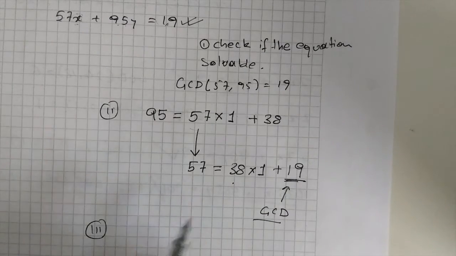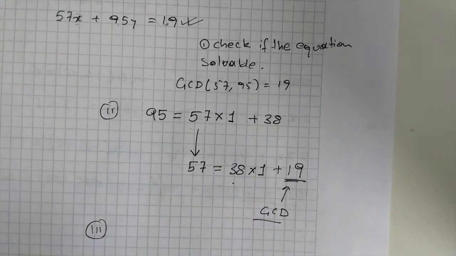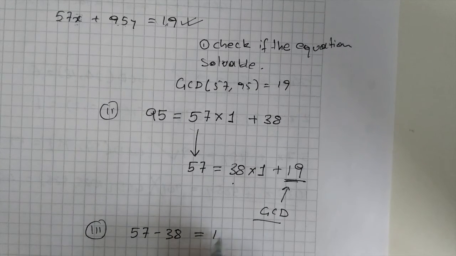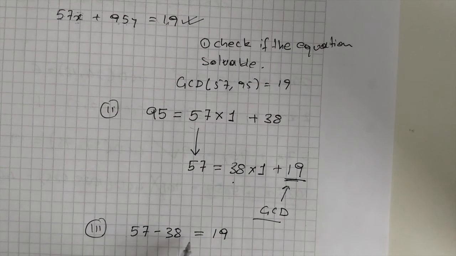For example, our last step was 57 equals 38 plus 19. We write it in the opposite way: 57 minus 38 equals 19.